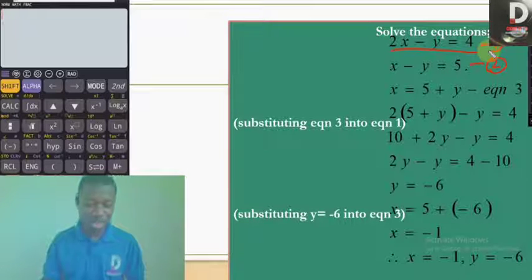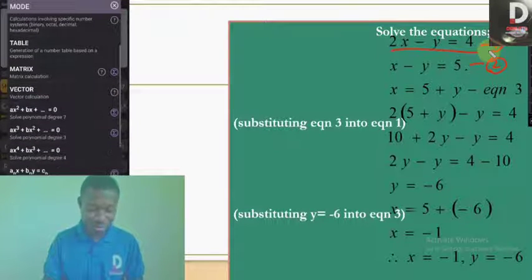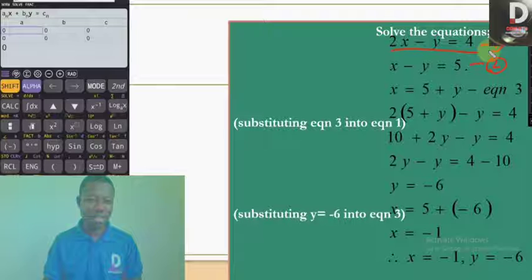You go to mode on your calculator. Mode. Then you select equation and select this one. As you can see on the calculator, a base n x plus b base n y equal to c base n. So equal to the constant.